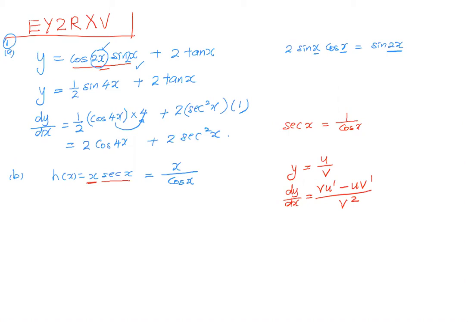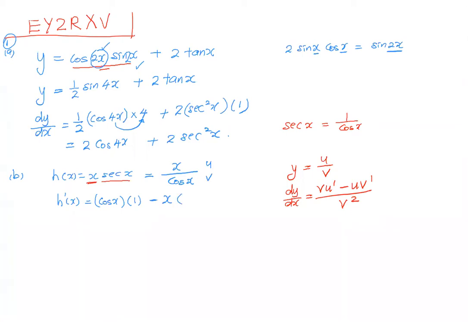Have you got the answer? Okay, so your h prime x is equal to v, this is your v, u prime is 1, take away u, this is your u, this is your v prime.